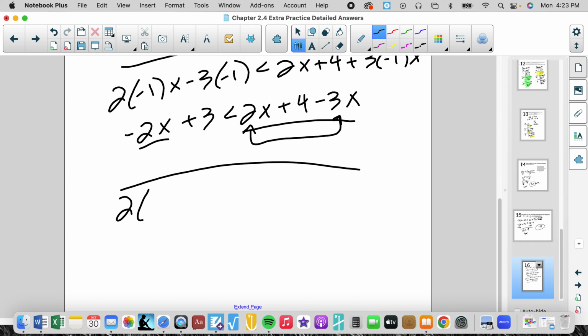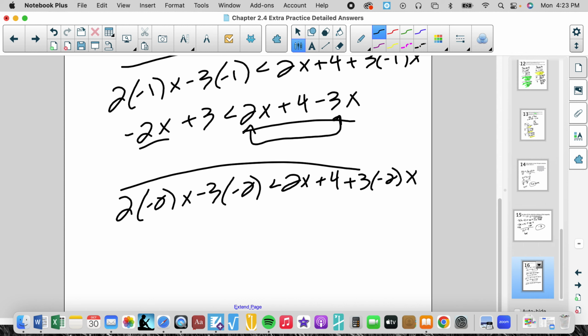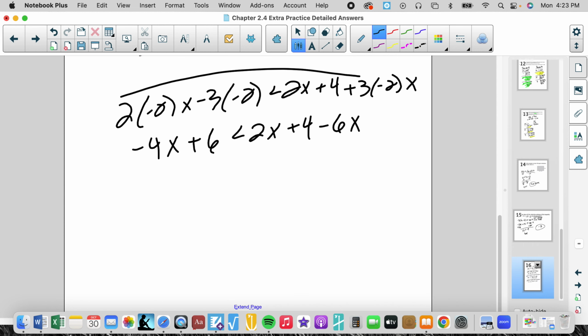Let's try negative 2. Plus 3 times negative 2 times x. So this is negative 4x plus 6, 2x plus 4 minus 6x. Look at that.